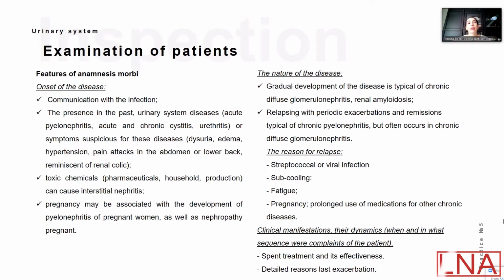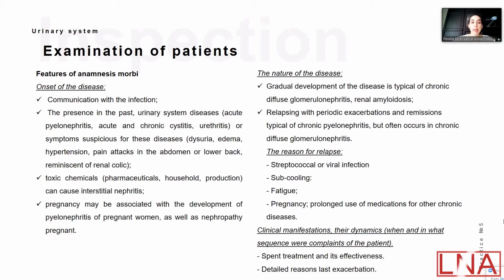Maybe the patient knows about contact with an infection, the presence in the past of some urinary system disease, acute pyelonephritis, acute or chronic cystitis or urethritis, it's already a host factor, or symptoms which raise suspicion for this disease: dysuria, edema, hypertension, pain in the abdominal lower back, and pain reminiscent of renal colic in case of stones. Toxic chemicals, pharmaceuticals, non-steroid anti-inflammatory drugs taken with nephrotoxic action, household or some production factors can cause interstitial nephritis.